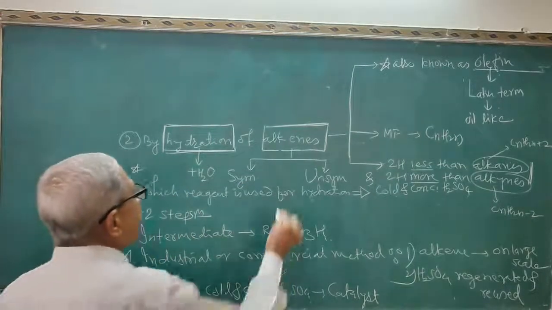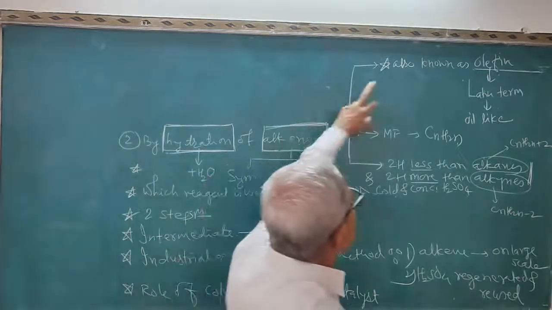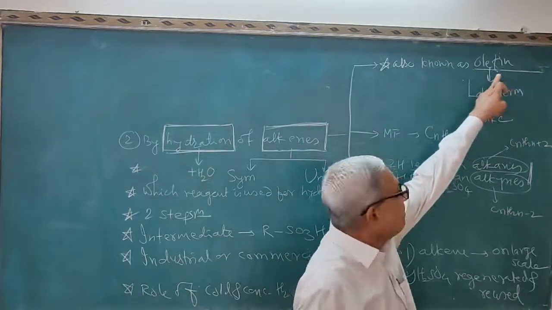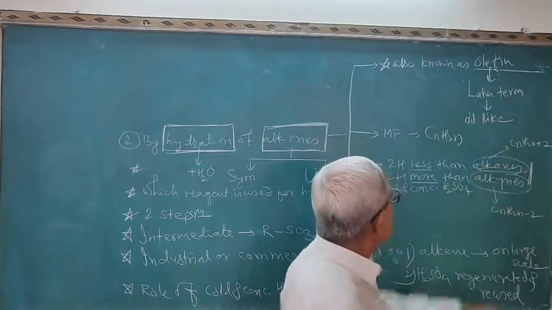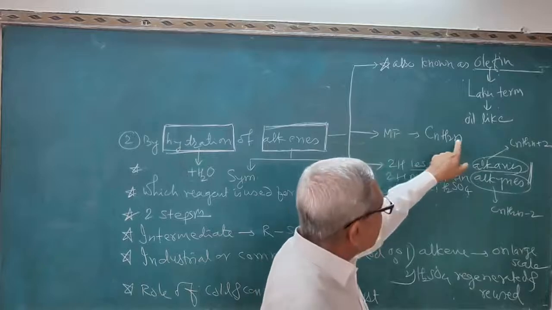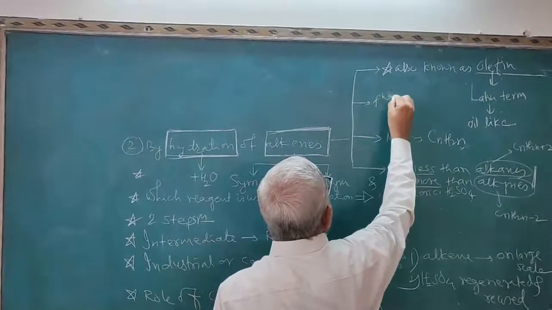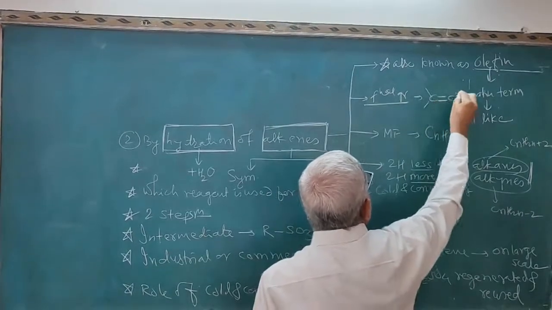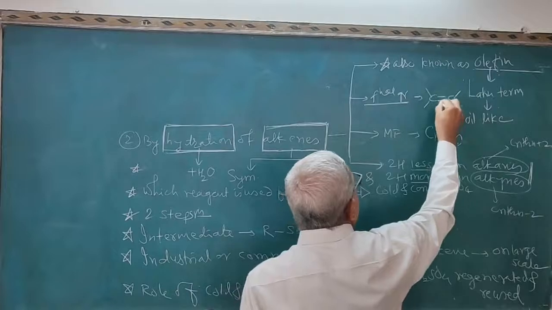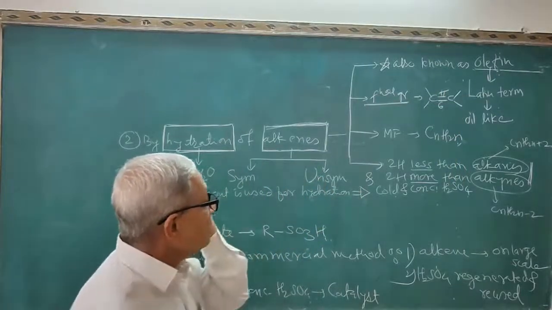Take the brief revision on the title alkenes. Alkenes are also known as olefins because on reaction with halogen they give an oil-like product. Molecular formula CnH2n. Next question again: which is the functional group for alkene? The functional group for alkene is a carbon-carbon double bond. It contains one sigma bond and one pi bond.